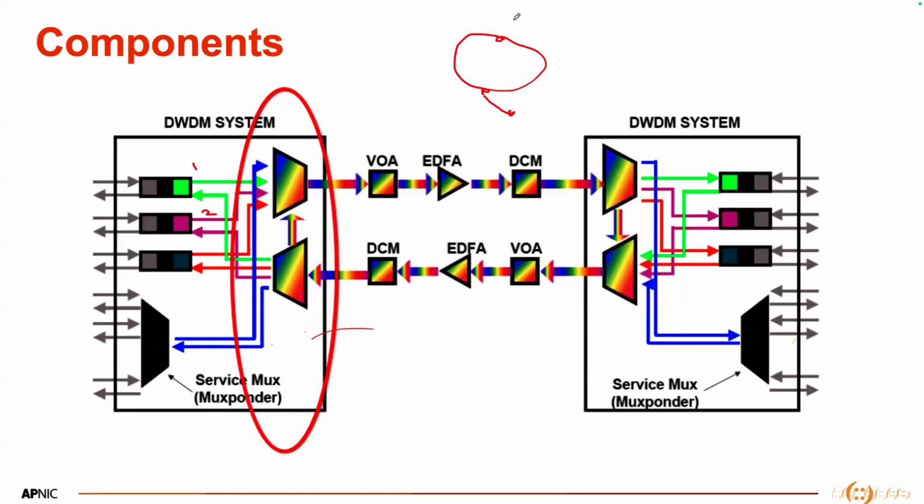So you have provisioned lambda 1 through here, and maybe the protection path is through here.